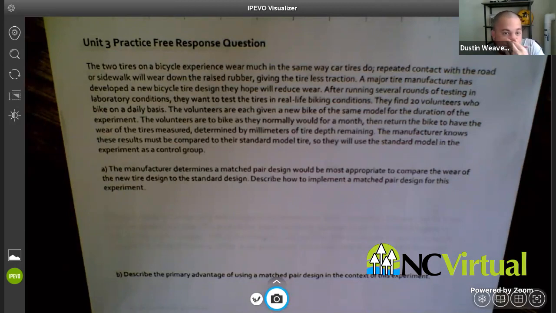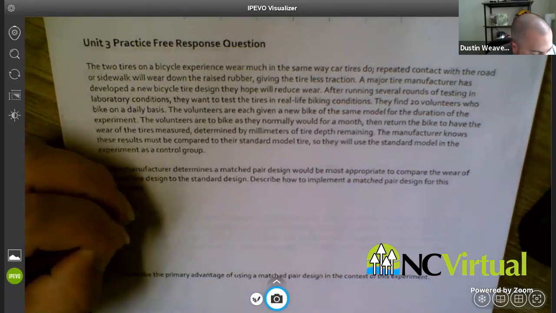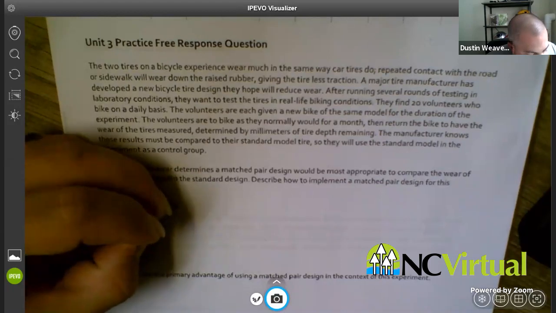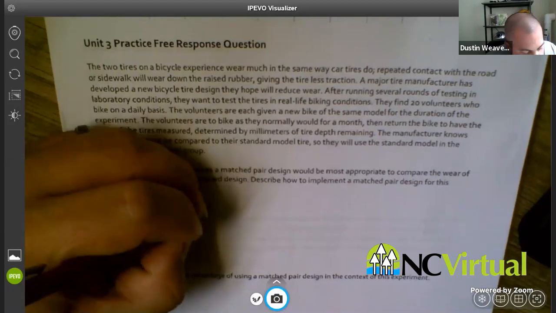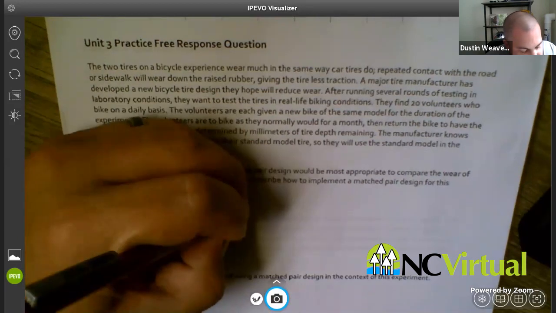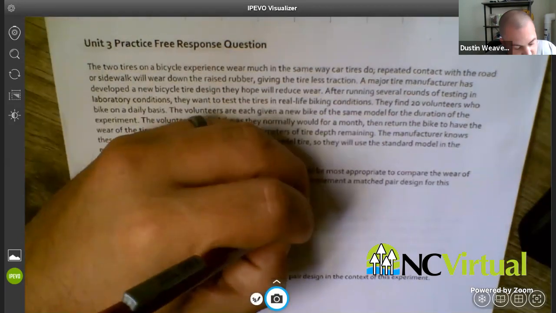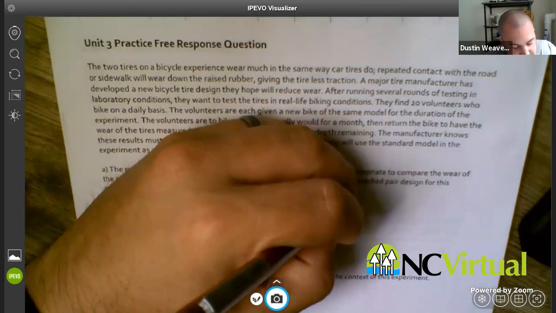Okay, so basically what you would do in a matched pair design is, you want two treatments for the same person, right? So it would be best to put one new tire and one standard tire on each bike.